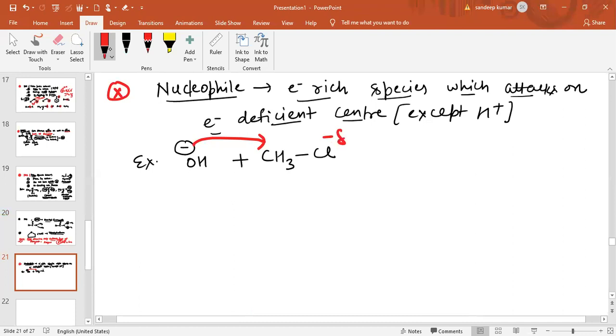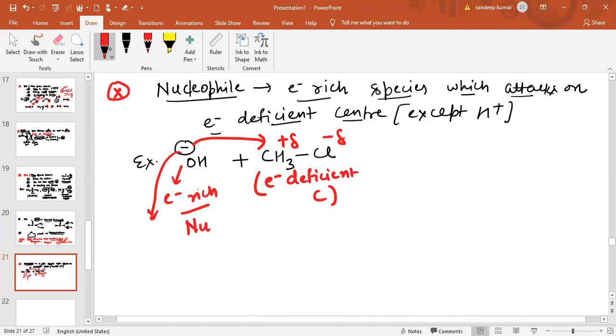This carbon is partial positive, an electron deficient center, and OH minus is electron rich. So an electron rich species attacks an electron deficient center, and this OH minus we call a nucleophile.